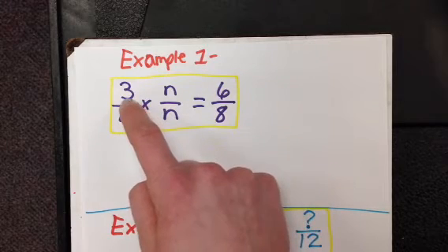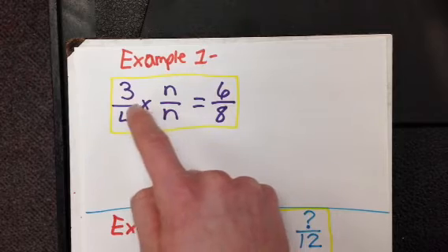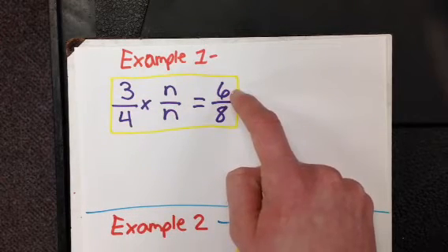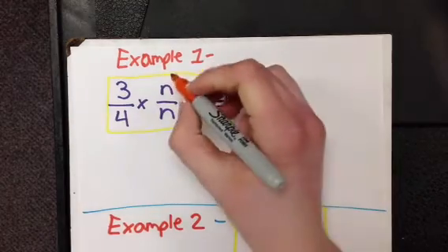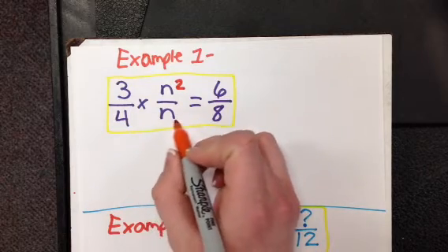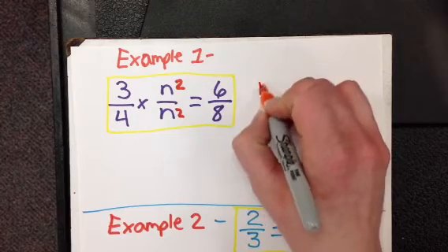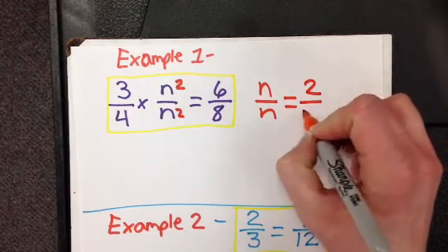So we can look at our original and our ending fraction. We can say 3 times what is 6? Well, I know that 3 times 2 is 6, and 4 times 2 is 8, so that means n over n is equal to 2 over 2.